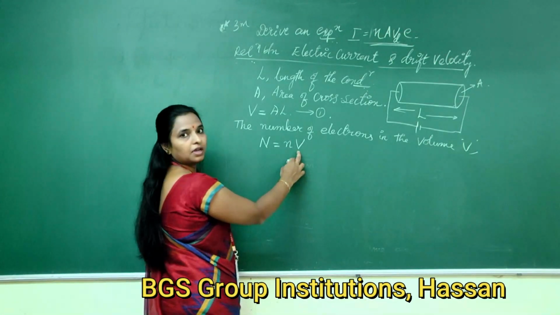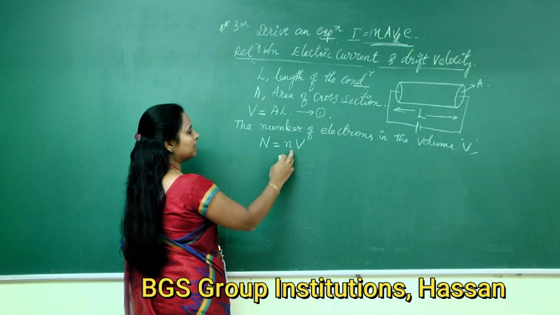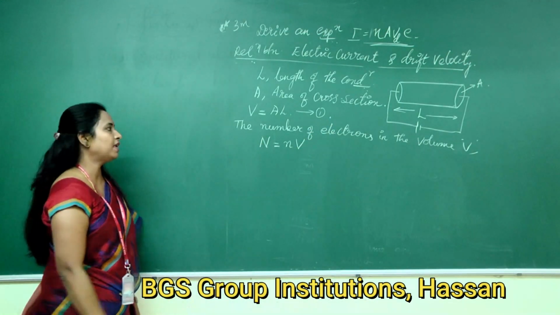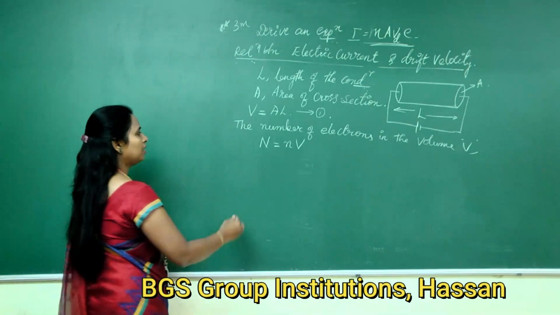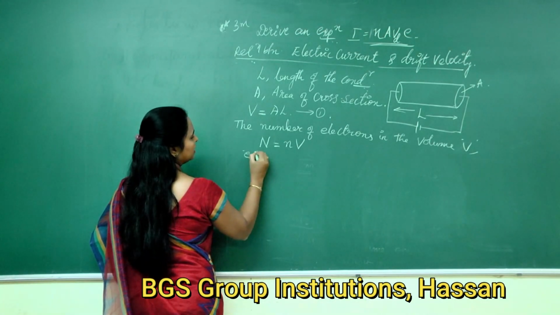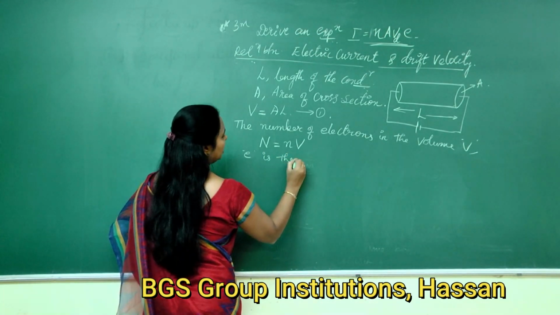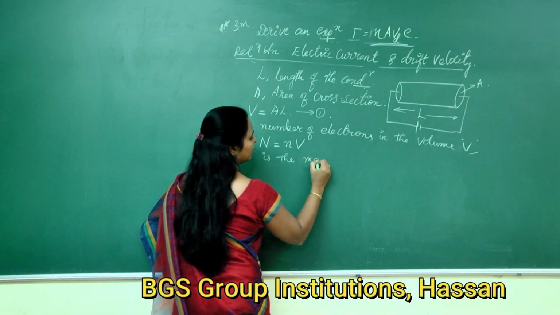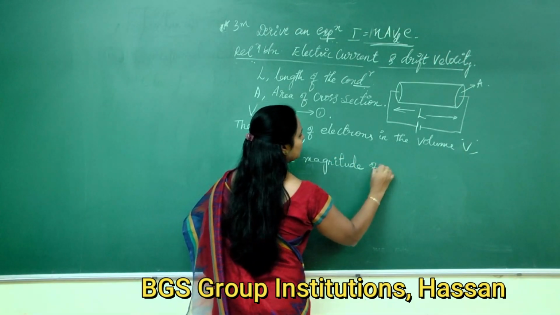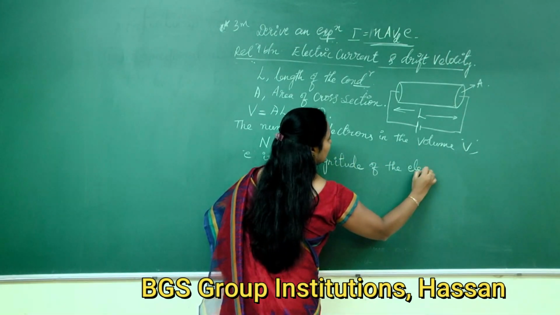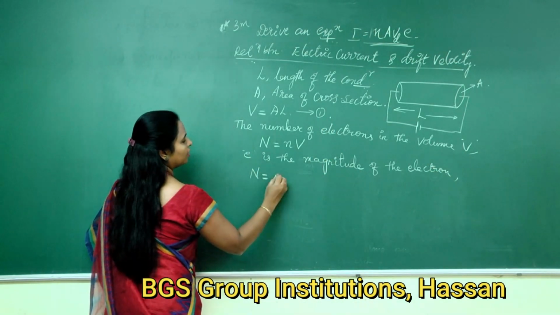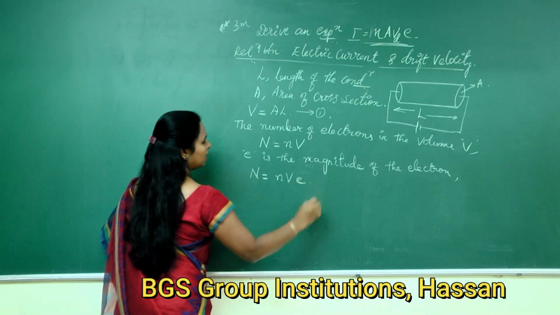When you multiply with the volume of the conductor, we get the total number of electrons, that is capital N, where N is an integer. Now if you consider e as the magnitude of the charge of the electron, we have Q is equal to nVe.